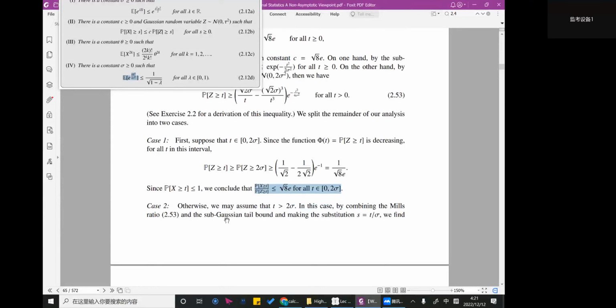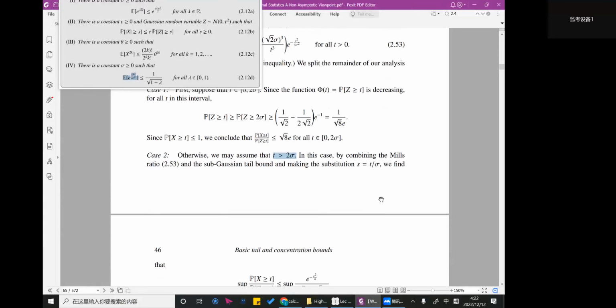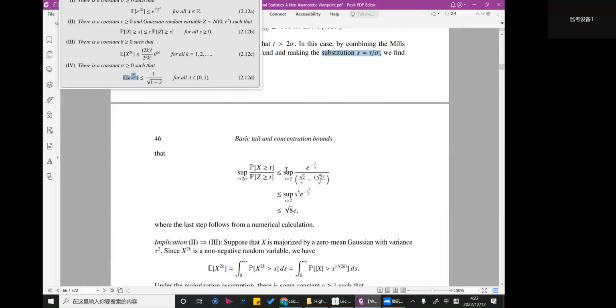And the second case is if t is larger than 2 sigma. By combining the Mills ratio and the sub-Gaussian tail bounds, also making a substitution, we get this.